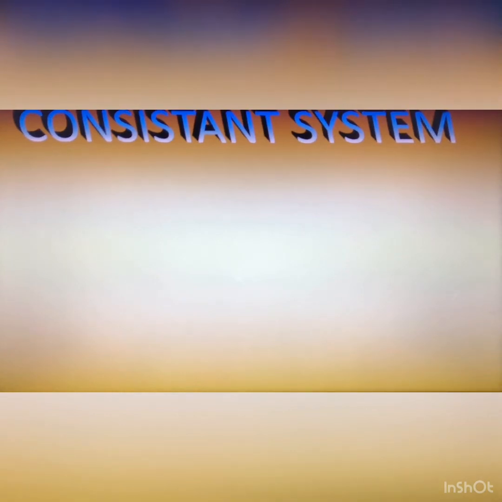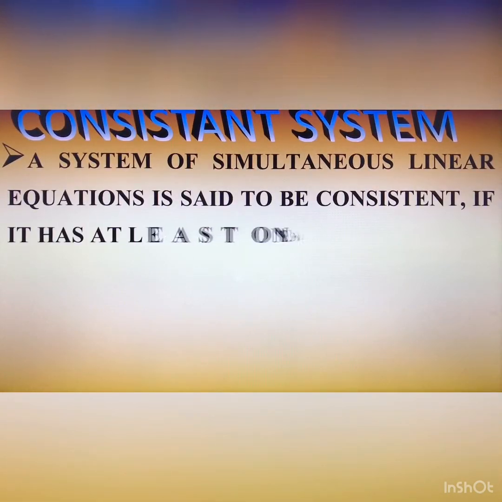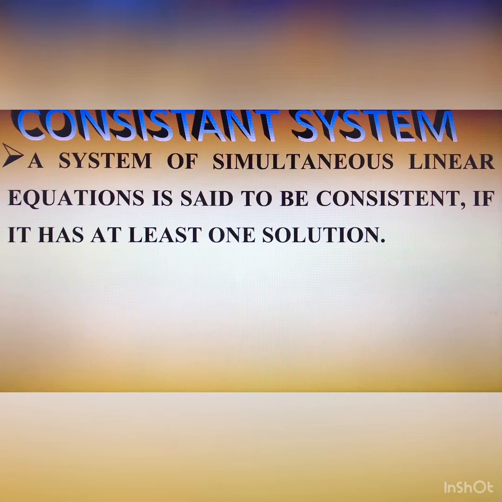Now the consistent system. What about the consistent system? A system of simultaneous linear equations is said to be consistent if it has at least one solution. It means if the system has a solution, you can solve it, then the system is called a consistent system.